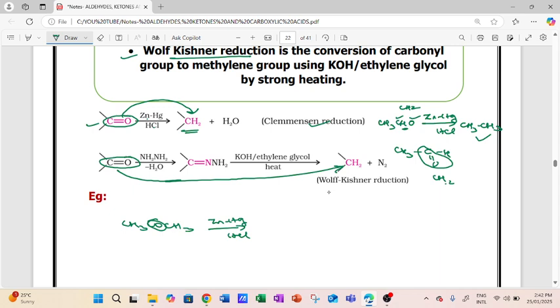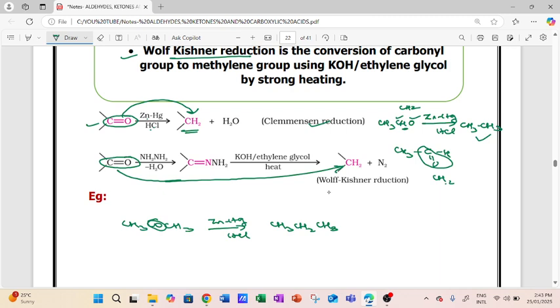So CH3CH2CH3, we get propane from propanone. So the product is always a hydrocarbon having no functional group. When we use zinc amalgam and HCl, we use the name Clemmensen reduction.